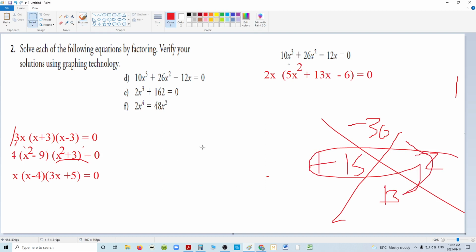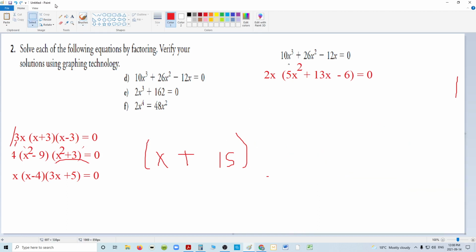Using the slip and slide method, I get x plus 15 and x minus 2. And when I divide them both by the leading coefficient of 5, I get 3 here.